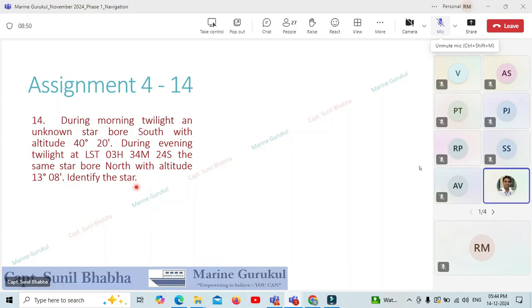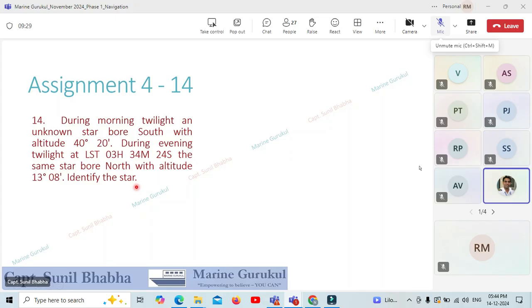Whenever you get such a question based on principles of navigation, you draw the rational horizon diagram, and in it you try to fit in all the required information given to us. Whatever information is given, a particular celestial body, its bearing, its altitude, or any other information, we put in that diagram. As we put all this information in, the diagram itself leads us to the solution of the question.